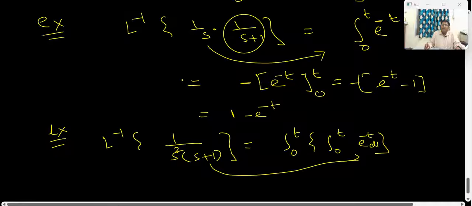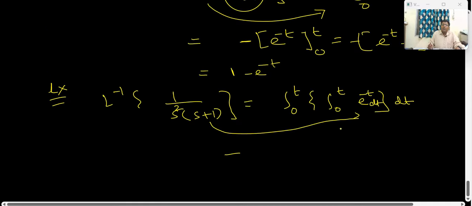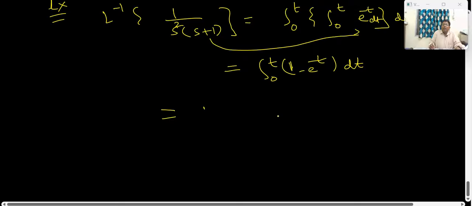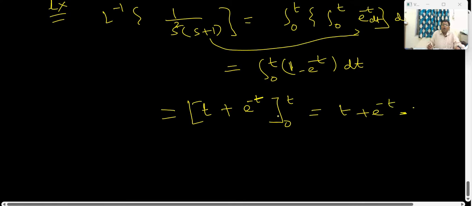As we did already, the integral 0 to t gives 1 minus e to the power minus t. You just integrate it again, so it will give you t, the integration of 1 is t, plus e to the power minus t by minus 1, right? You apply the limit again from 0 to t. Substituting t, it remains the same, t plus e to the power minus t, minus the second limit, it is 0 plus e to the power 0, minus 1. So this is your answer.